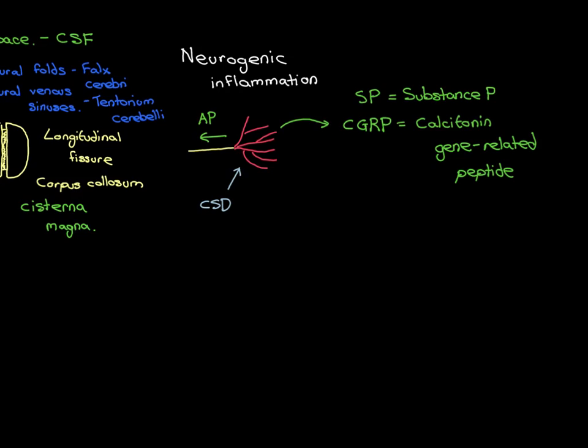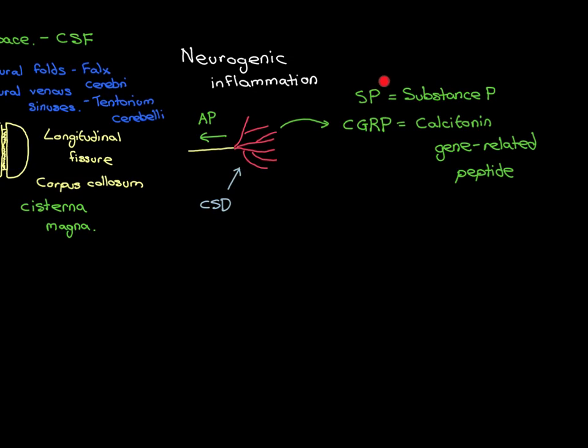So, when the meningeal nociceptors are activated, not only do they send action potentials up their primary nociceptive afferents, which is what will give rise to the initial headache, they're also going to release calcitonin gene-related peptide and substance P, and these are the reasons that the headache is going to go on for so much longer.